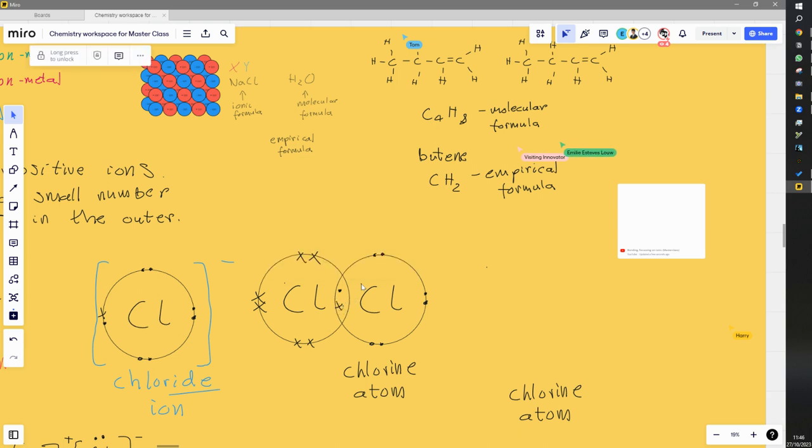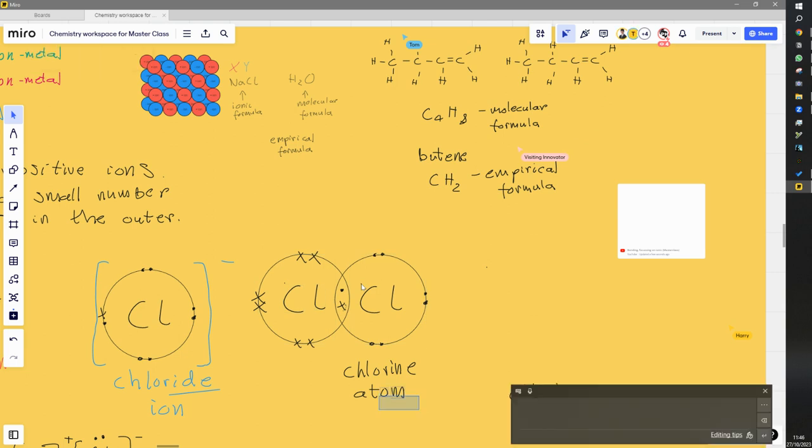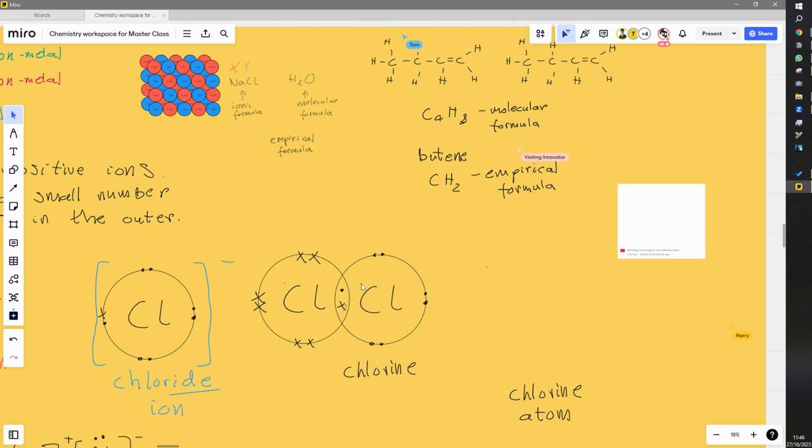Now, if you want to think about what this idea of sharing the electrons really means, imagine these two electrons are orbiting the entire molecule. So this is now not a chlorine atom, is it? This is a chlorine molecule. And what's a molecule?